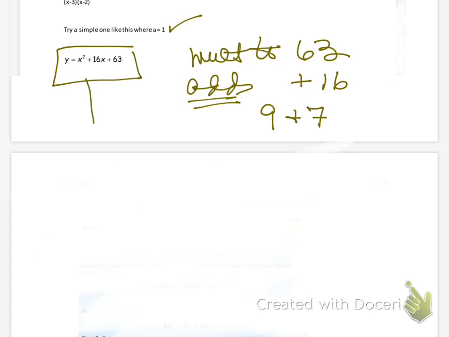So look what I can do. If I want to go right into factoring, I can say, okay, my factors are x plus 9 and x plus 7.